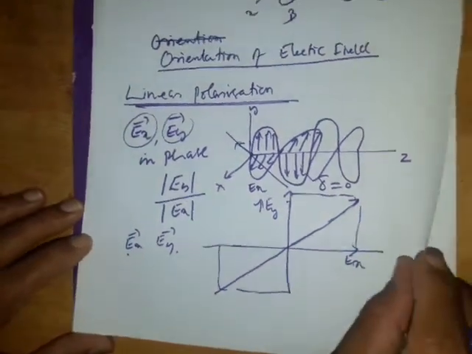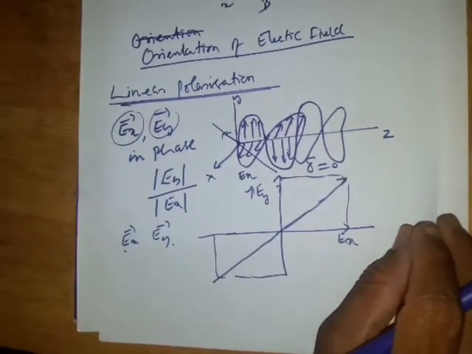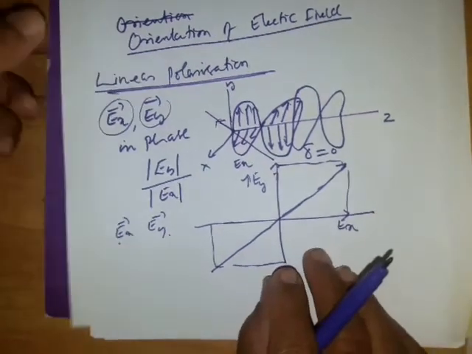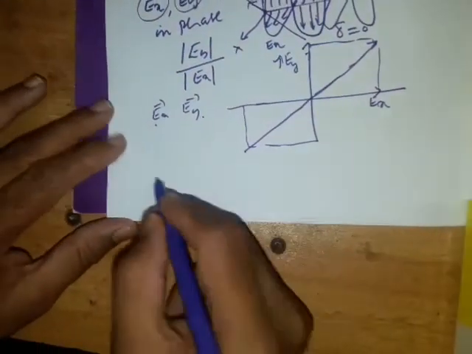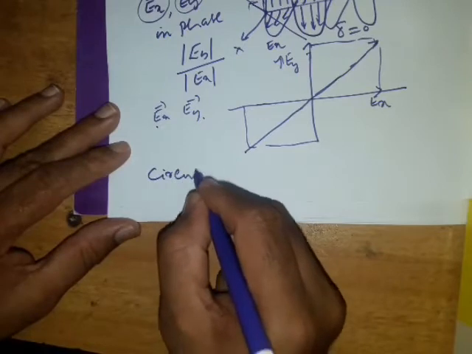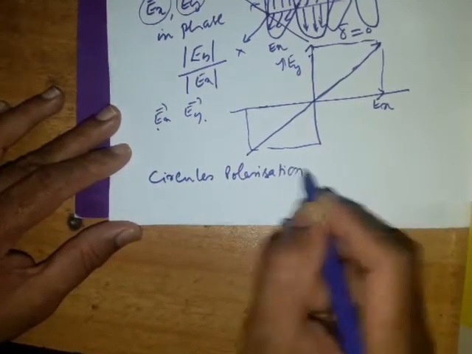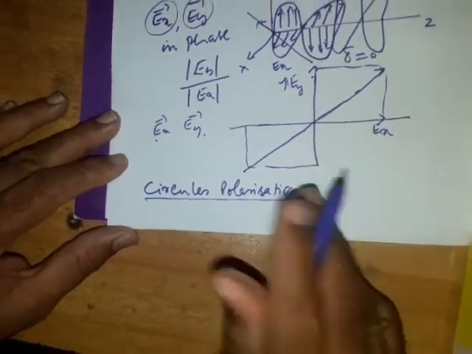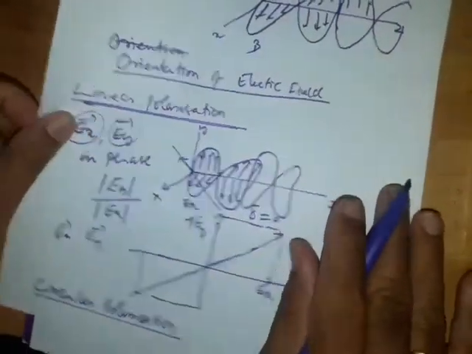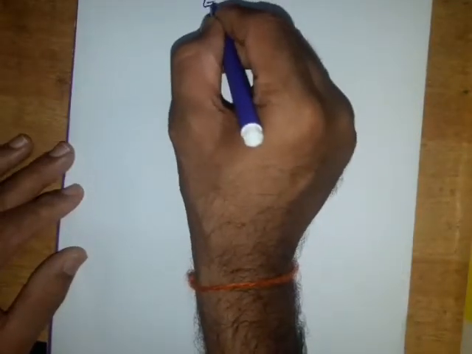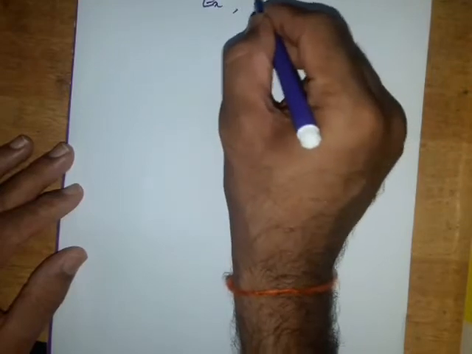Now let us see what is a circularly polarized wave, or circular polarization. Now let us consider two electric vector components, Ex and Ey.